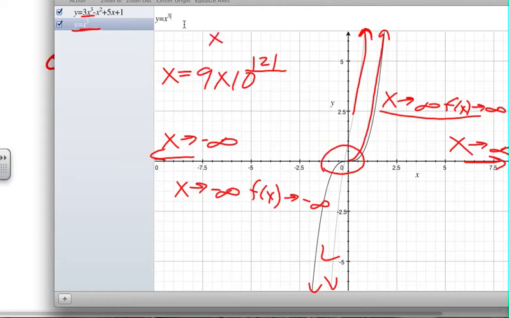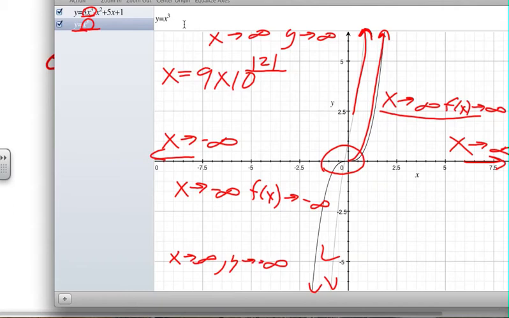So for this equation right here, my little parent, again, as x goes to infinity, y goes to infinity for this guy. And same thing down here. As x goes to negative infinity, y goes to negative infinity. So end behavior is basically governed by the highest order term.